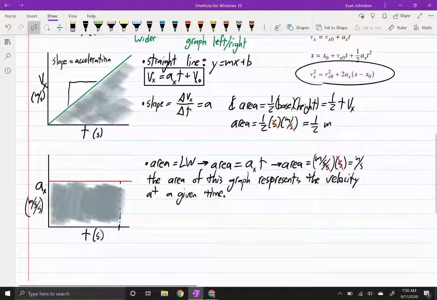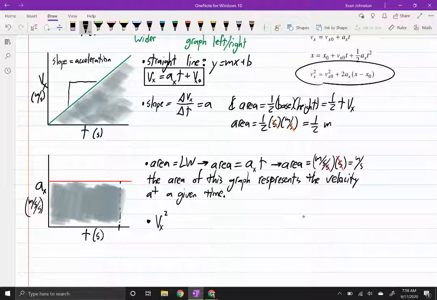But I will just write that down here kind of as a little reiteration. It doesn't connect to this graph though, and it's that the square of the velocity at some later time is equal to the initial velocity's value squared plus twice the acceleration in this x direction. I'm assuming everything's moving in the x. We could have written little y's for everything instead, and that'd be for something moving up and down, times the change in the displacement.